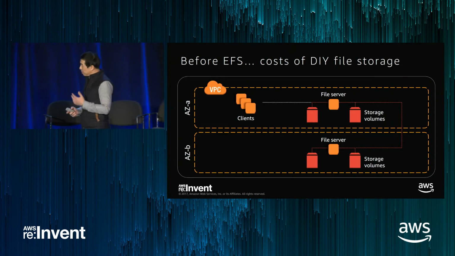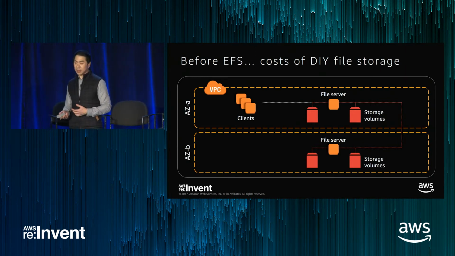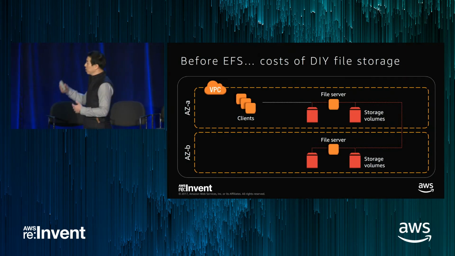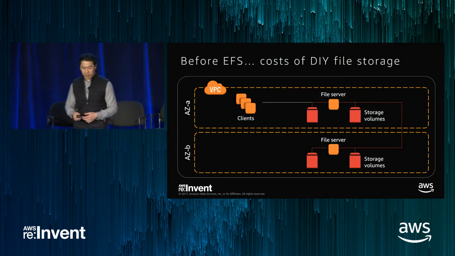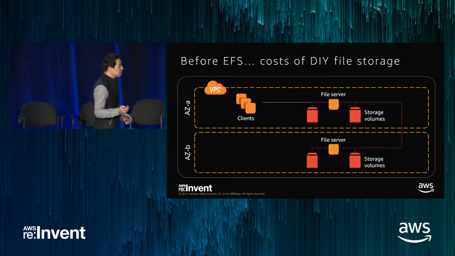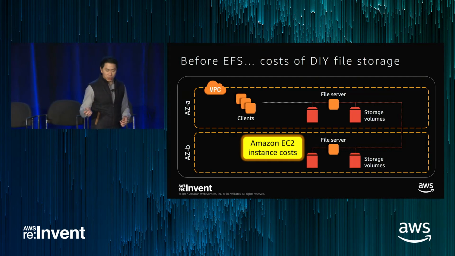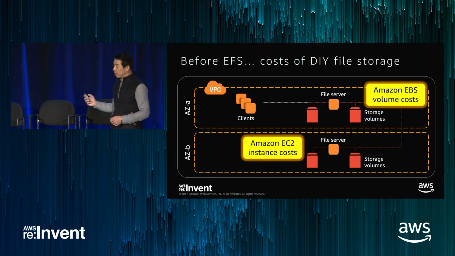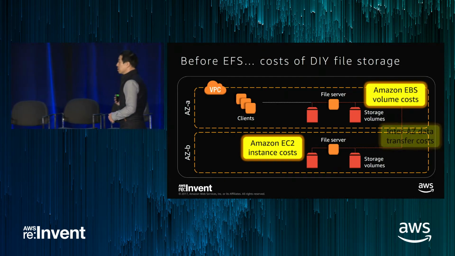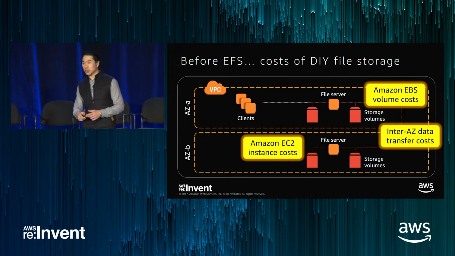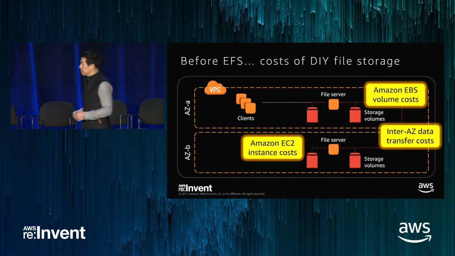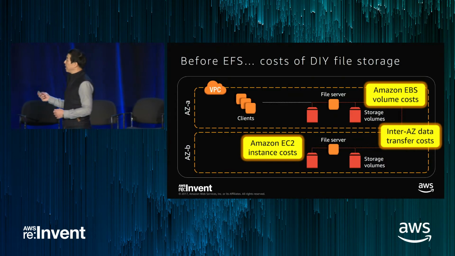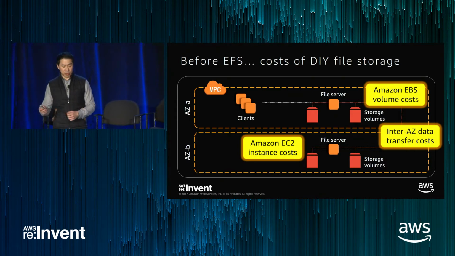So when you think of the costs of do-it-yourself, where you would have to set up this environment to be comparable to what EFS provides, you have the EC2 costs, you have the multiple EBS costs, as well as inter-AZ data transfer costs to have copies of that data across different availability zones.